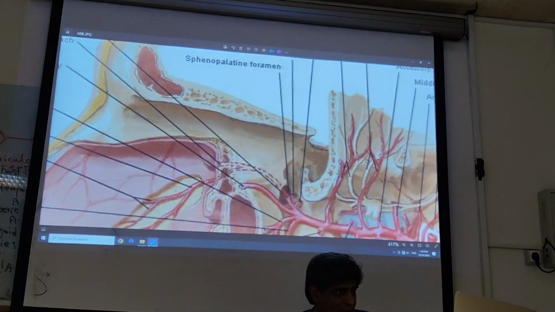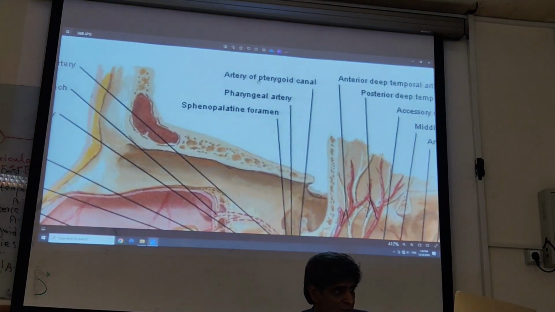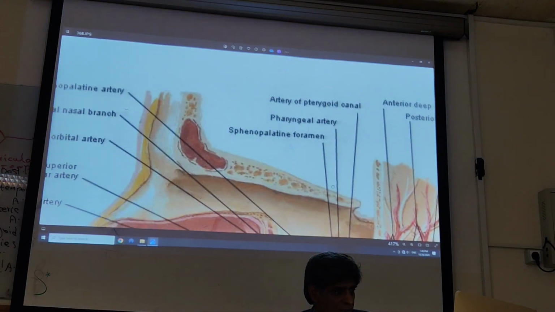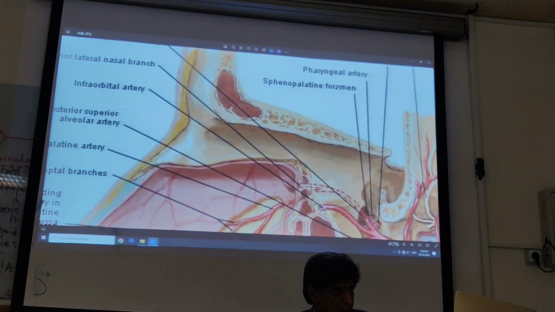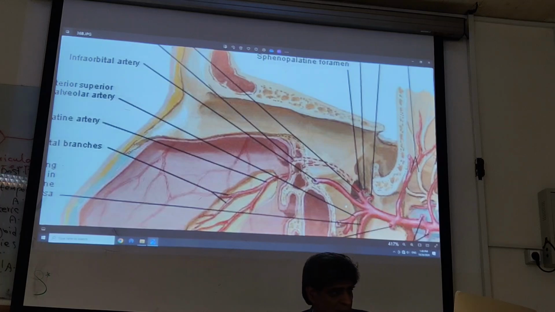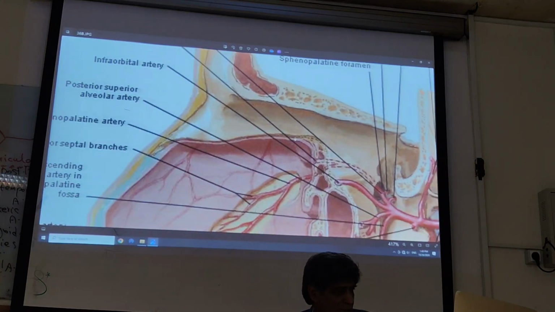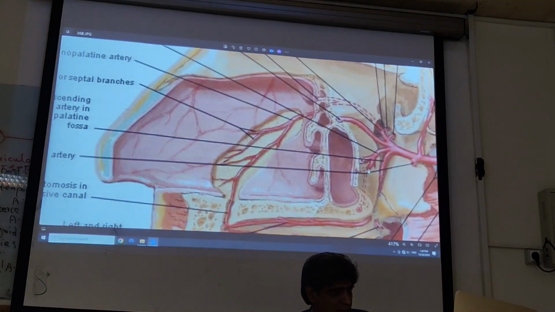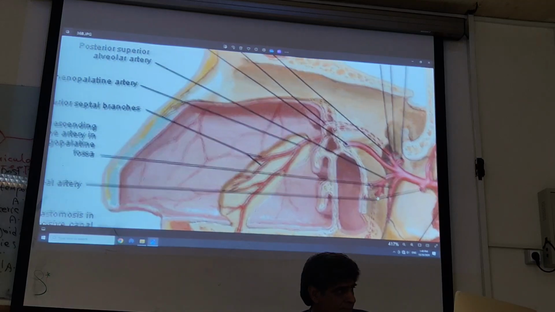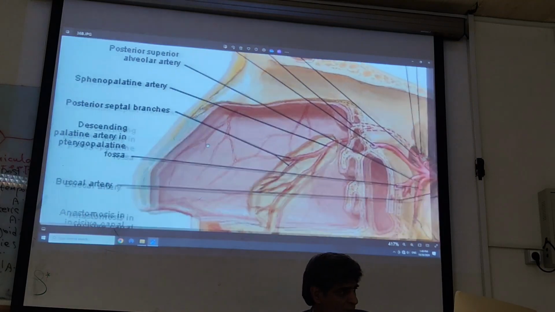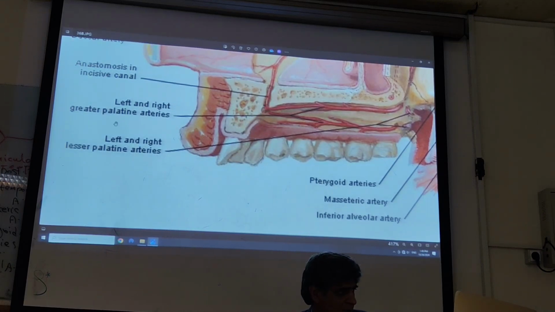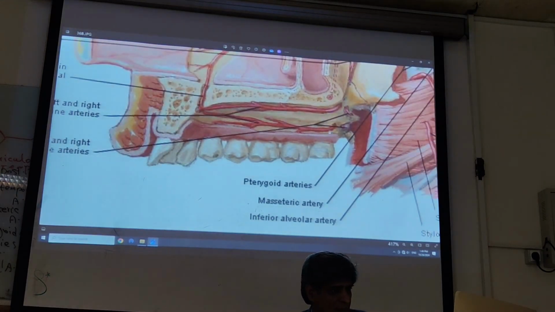The pterygopalatine branches: artery of the pterygoid canal, pharyngeal artery, sphenopalatine artery, infraorbital artery, posterior superior alveolar artery, greater palatine artery, lesser palatine artery.